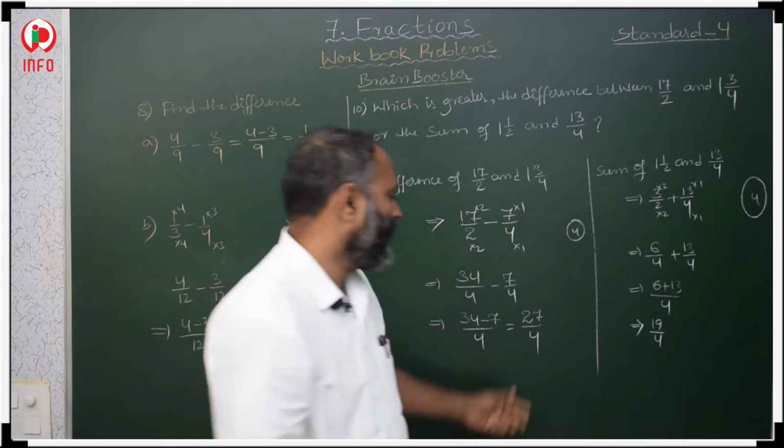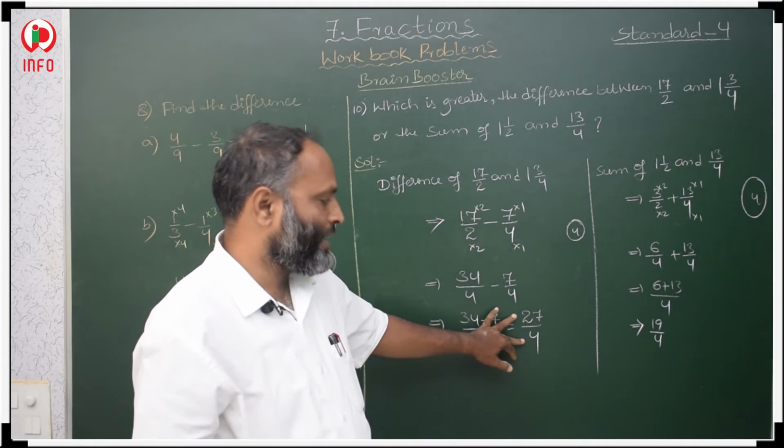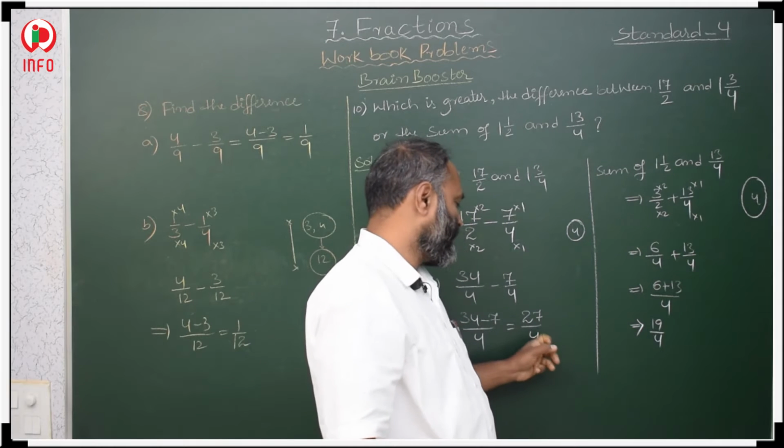Here 19 by 4, here 27 by 4. Here this is 27, here 19. It means this one is bigger.